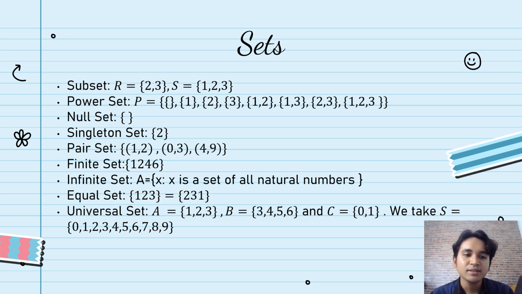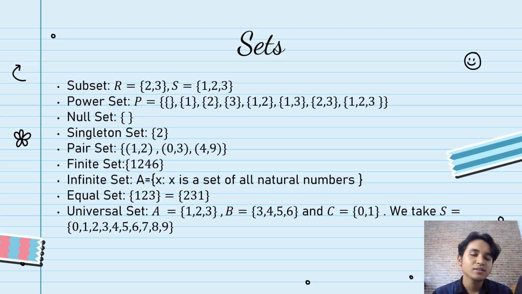Okay, next is pair set. A set having two elements is called a pair set. Example like in the slide, the set of 2, 1, 2, 0, 3, 4, 9 and others. Okay, next is finite set.